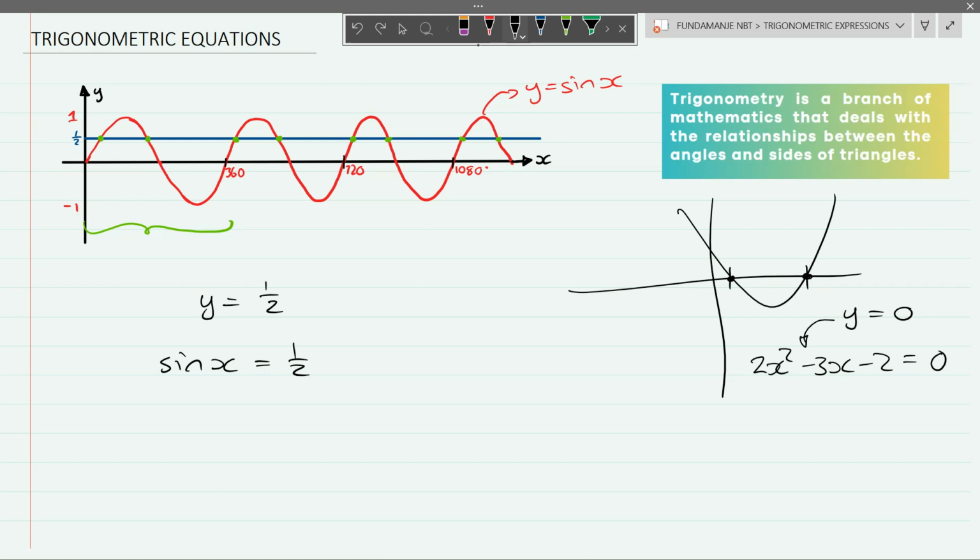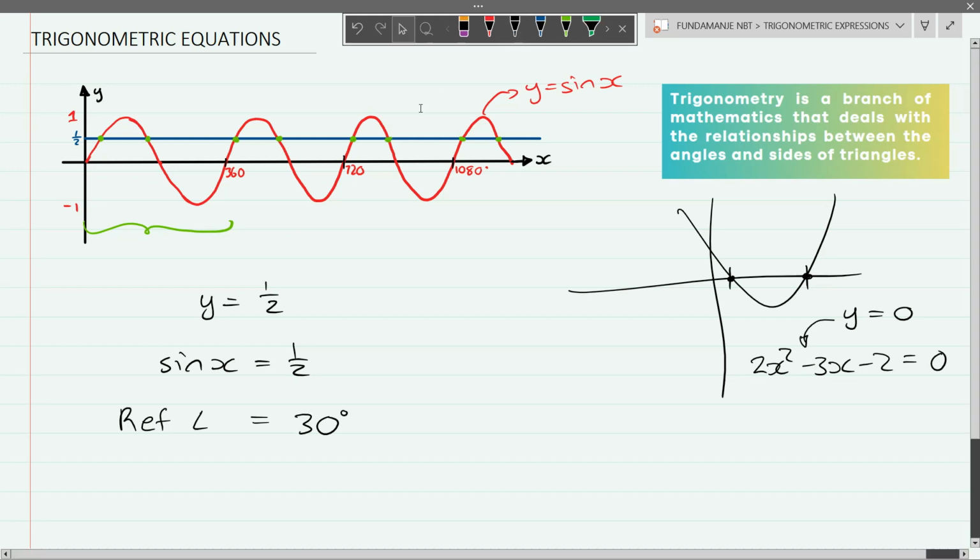So if we were to solve this trig equation, we take sine to the other side, and what we get there is not our answer for x, but rather the reference angle. The reference angle will be equal to arcsine of a half, and we know that sine 30 is equal to a half. Therefore the reference angle has to be 30 degrees.